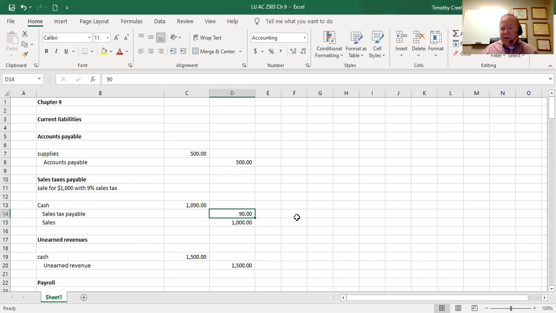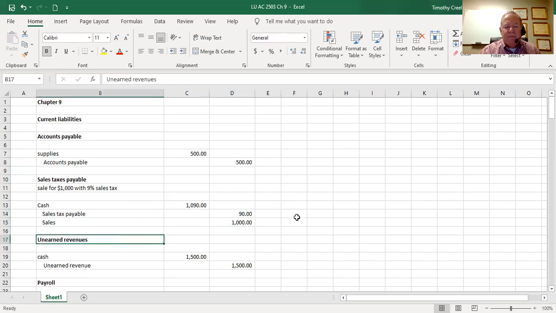So they're collected for the state, which then will divvy some of it out to local governments as well. So this is kind of what that journal entry would look like. Whenever the company sends this money off to the state, they'll debit sales tax payable and credit cash, and then just send them the money that they've collected from the customers.